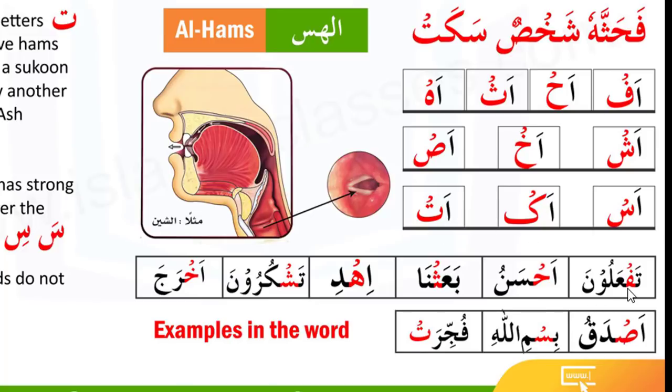Next are the examples of al-hams in words. Just repeat after me. Taf'aluna, taf'aluna. The next is ahsanu, ahsanu. Ba'asna, ba'asna.